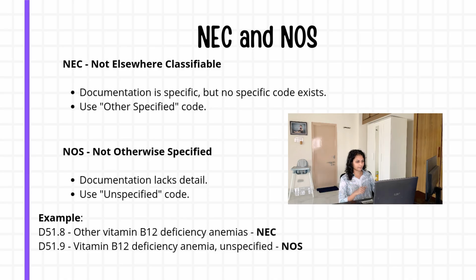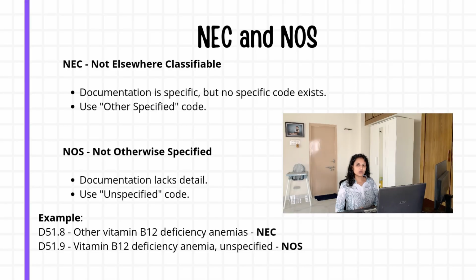Second is NOS, not otherwise specified. NOS means the doctor didn't provide enough details about the diagnosis. For example, the doctor only documents vitamin B12 deficiency anemia but doesn't mention the type or any further detail.